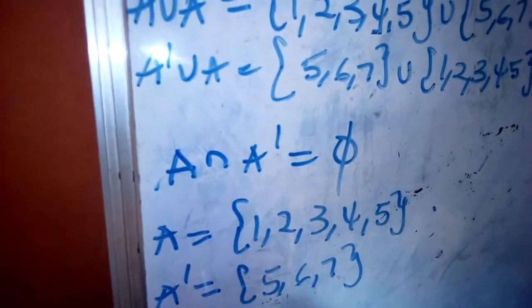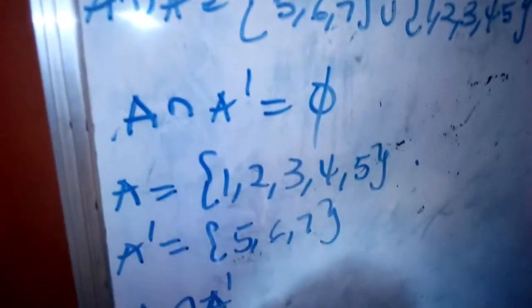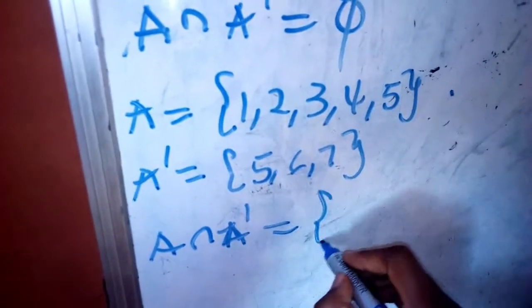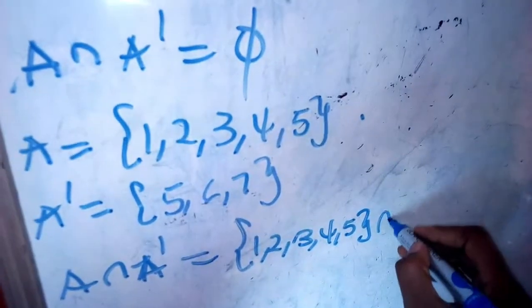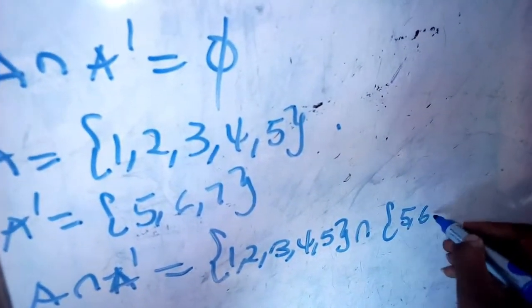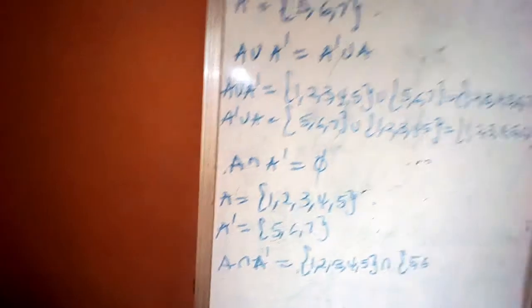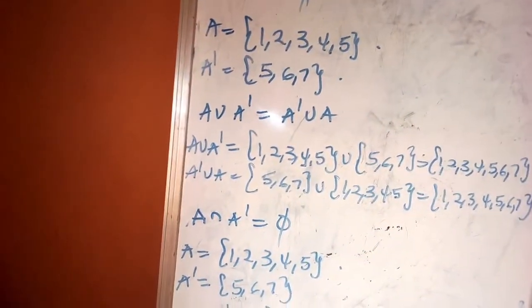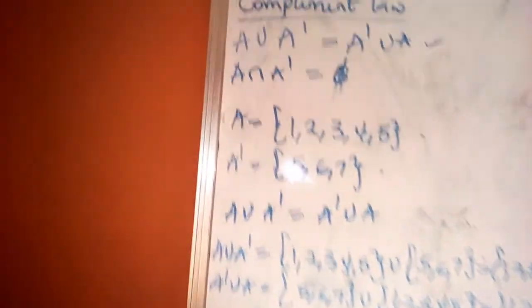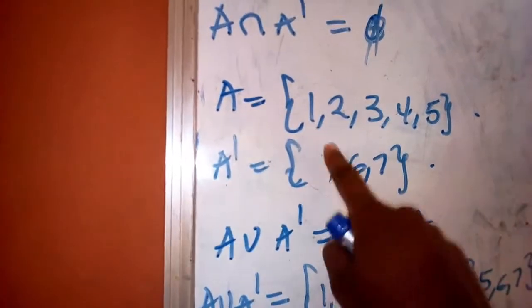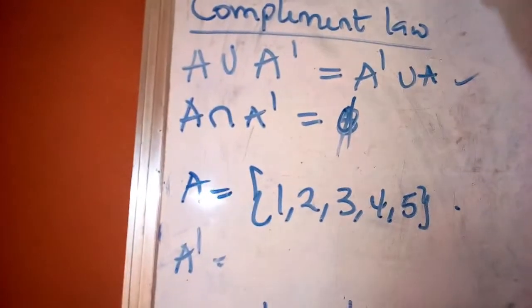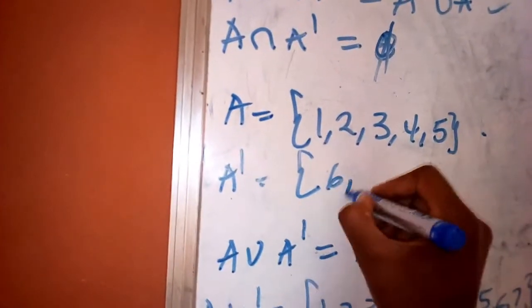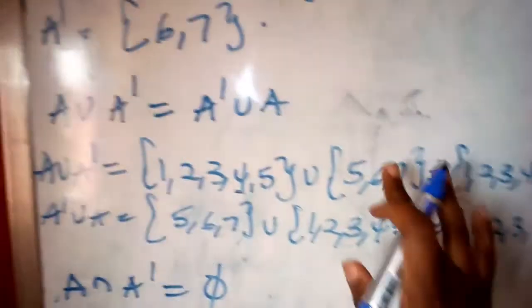So the intersection of both, let's check it. I'm sorry, our 5 is not supposed to be included. I'm sorry, I'm making so many mistakes. I just saw that no, it's A prime. I said all elements that are in the universal set that are not in A, so we just have 6 and 7. I'm so sorry about that.